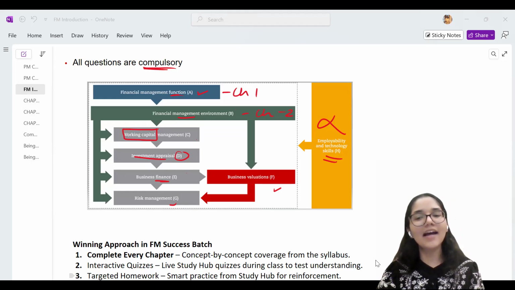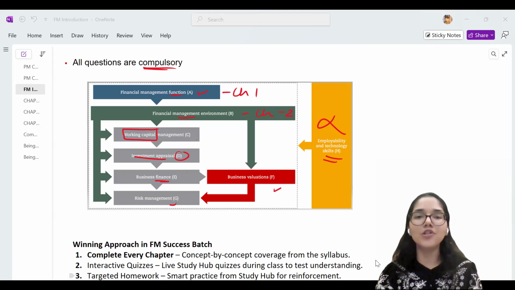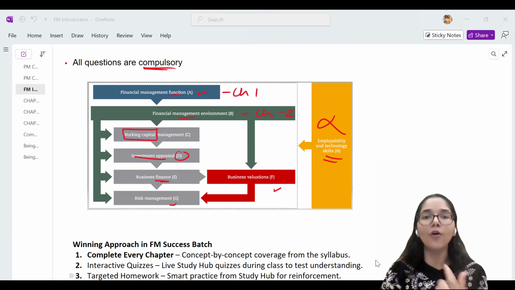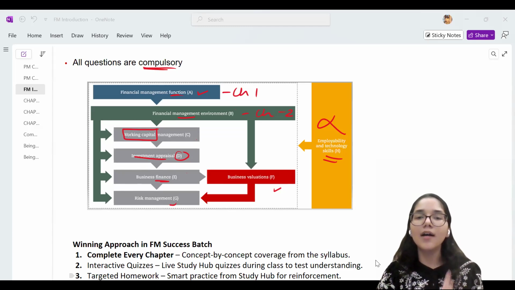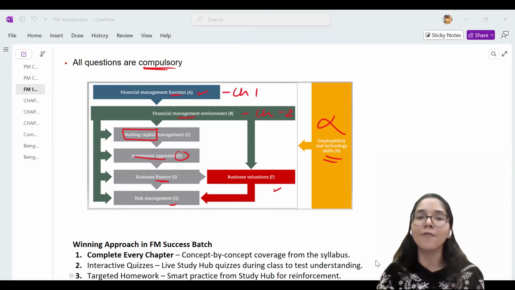Not exactly appraisal. Kia is on the right track. You try to find out the worth of something. Valuation means how much is the value? What is the value of something? So here we are talking about business valuation. That means I'm trying to find out what is the value of the business.